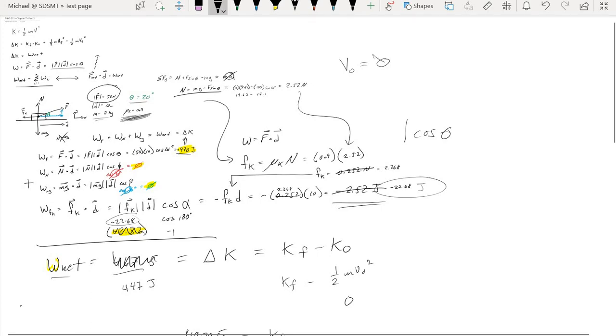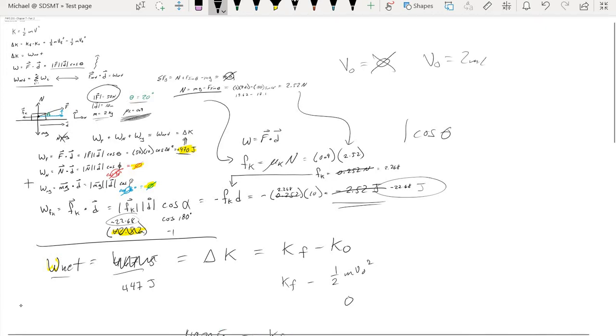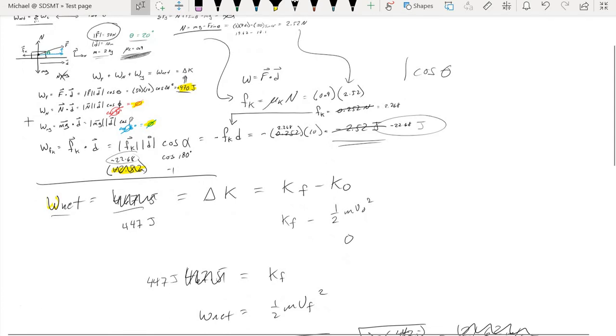It's also worth noting that we did not have to use an initial velocity of 0. We could have used an initial velocity of anything, maybe 2 meters per second. What that means is that the initial velocity would not have been 0. Well, we had a mass of 2, and if our initial velocity was 2, there's a lot of 2's here, so we get 4.